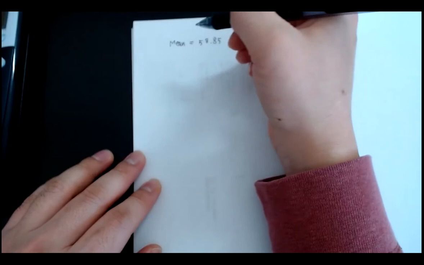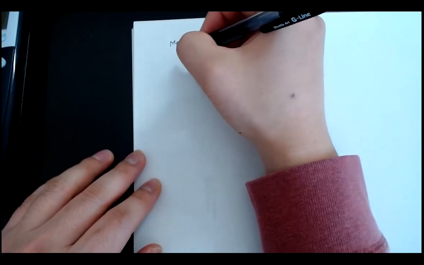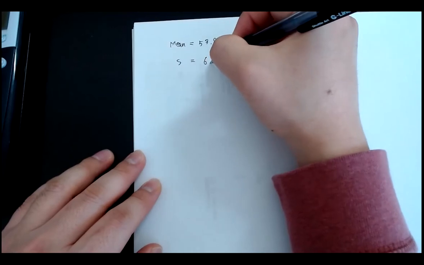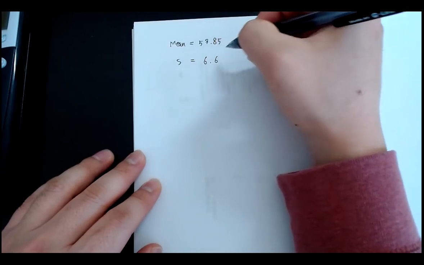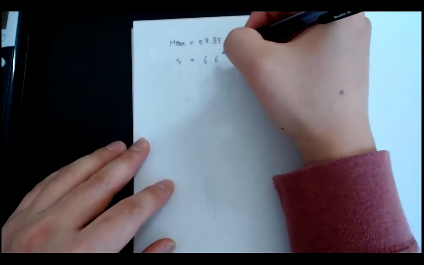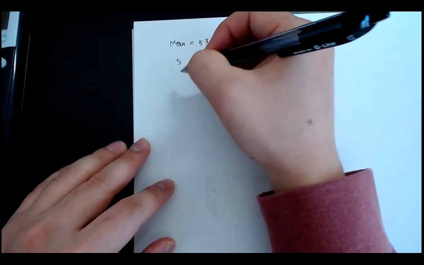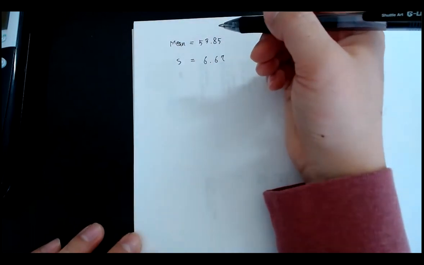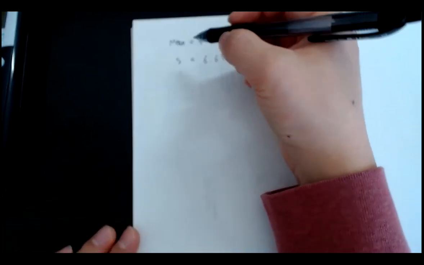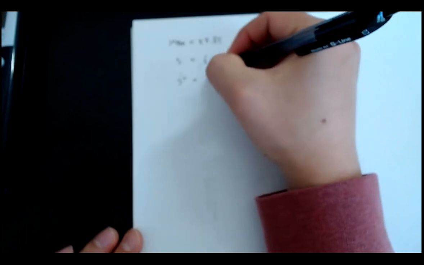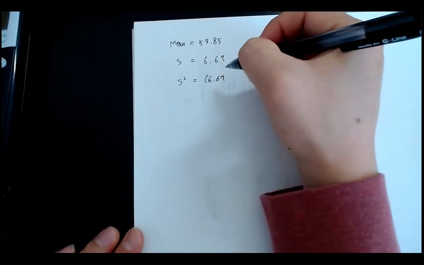Okay, and then the standard deviation is 6.6. Let me round up, 7. Okay, and then the sample variance, s square. That's the 6.67.